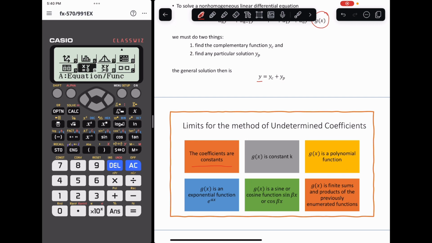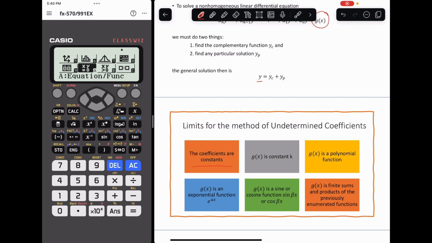Similarly, exponential functions can also be solved using undetermined coefficients. And sine and cosine functions can be solved as well, but it's not for all trigonometric functions. It's only limited to the sine function and the cosine function.